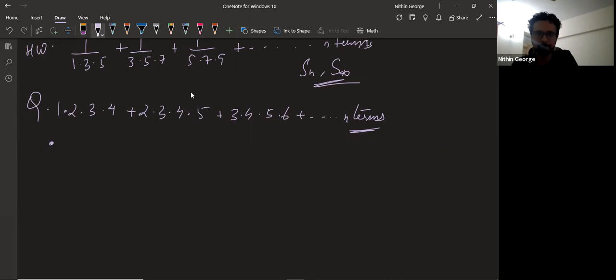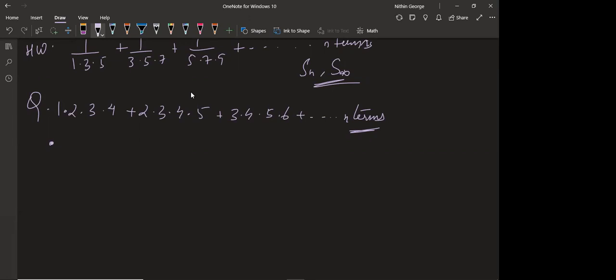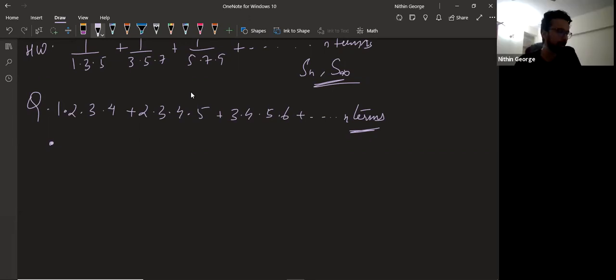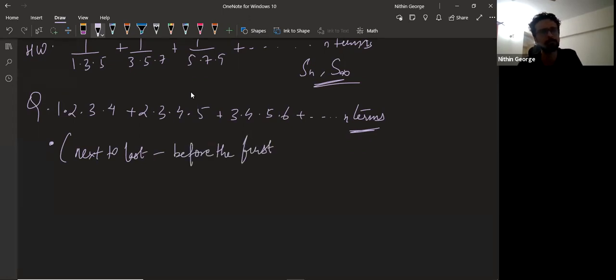Did you write that down? Yes, sir. Okay. Then under that, write: multiply by next to last minus before the first. What does this even mean, right? Figure it out.